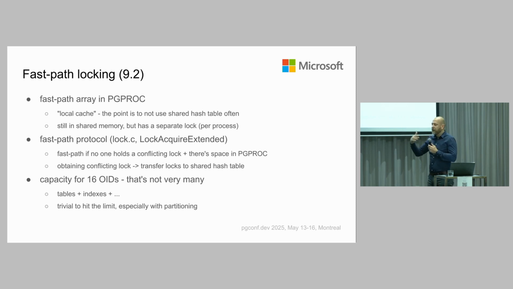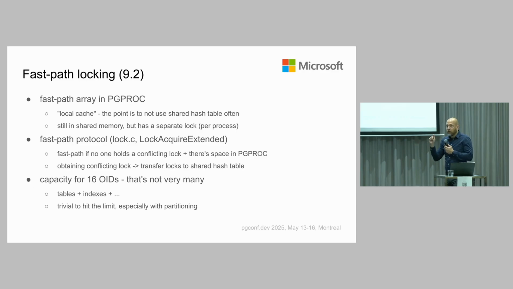And there is a fairly simple protocol because you still need to care about backends that are acquiring locks that are stronger, right? If someone is obtaining an exclusive lock, you still need to care about that. But it's relatively simple. It works perfectly fine.